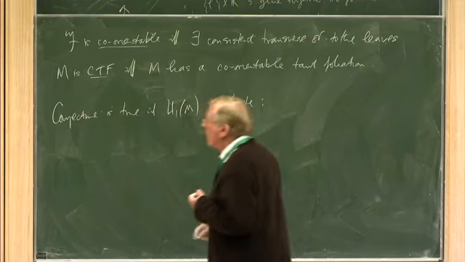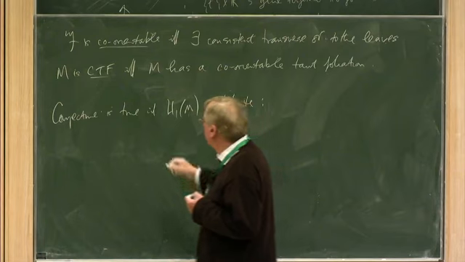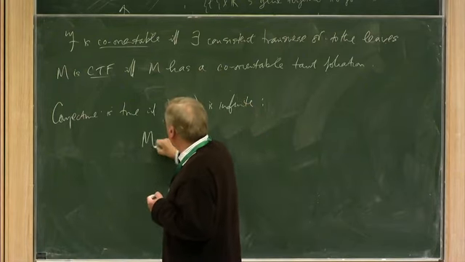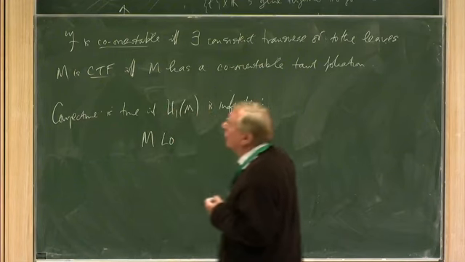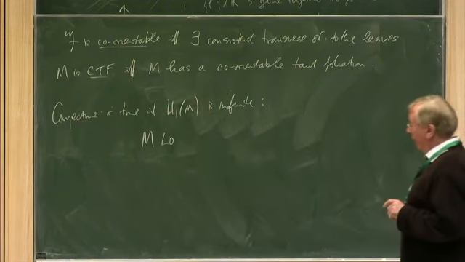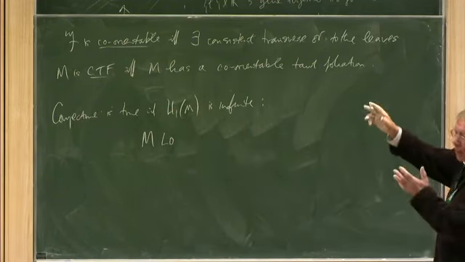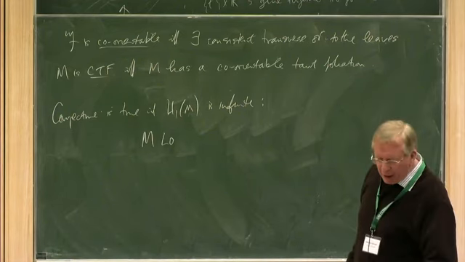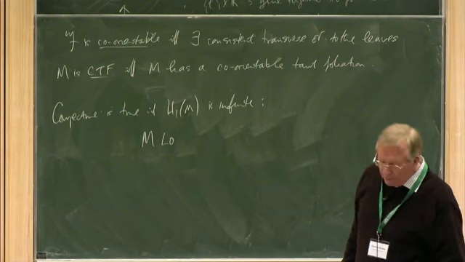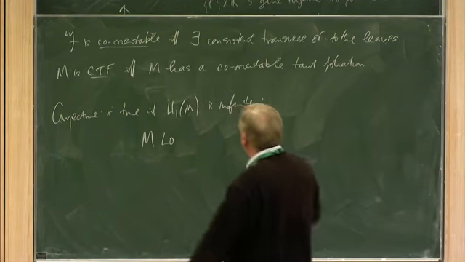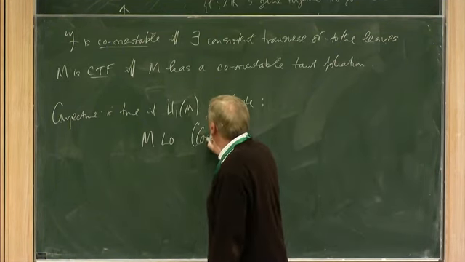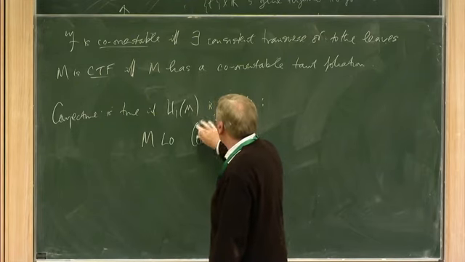Well, pi 1 of M is left orderable because if H1 of M is infinite, pi 1 maps onto Z, which is left orderable. That was actually corollary 2.4, the consequence of the Boyer-Rolfsen-Wiest theorem.